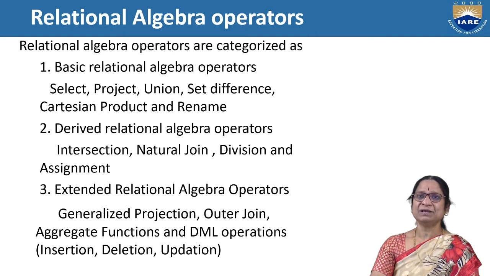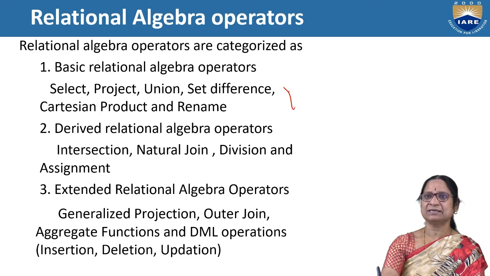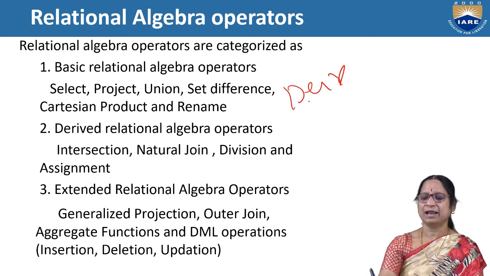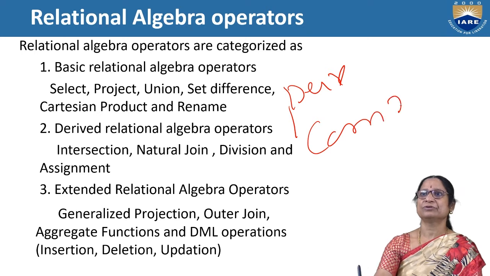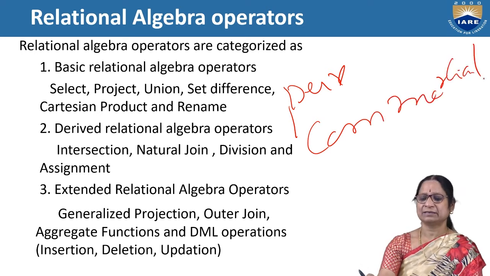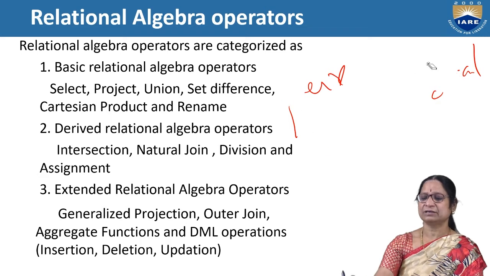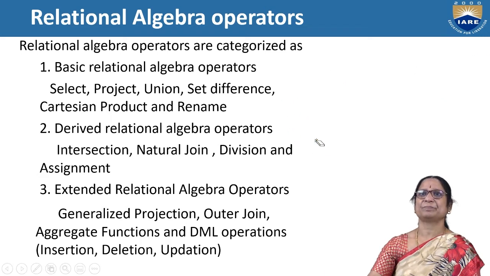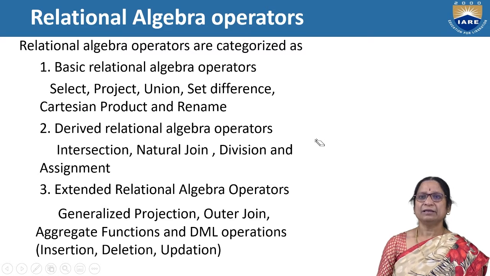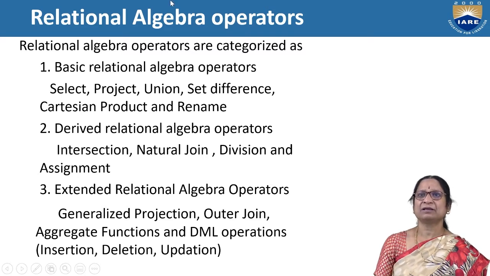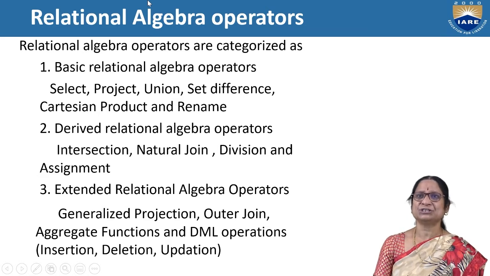This relational algebra is a pure language, and this is also a commercial language. So these two are the basic characteristics of our relational algebra. Relational algebra is used to query our relational database.